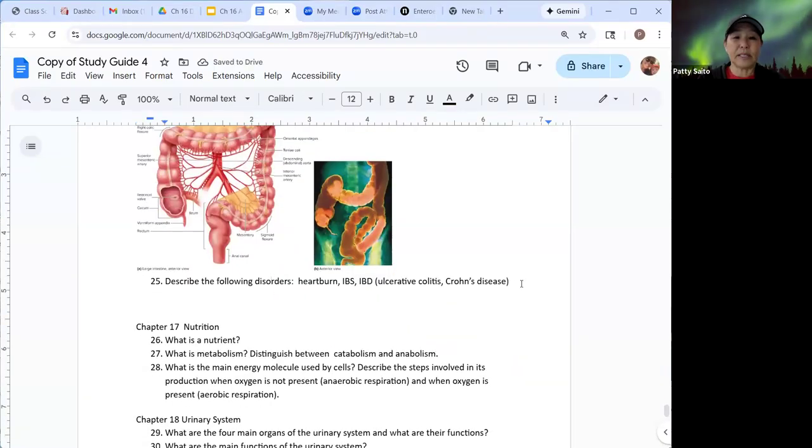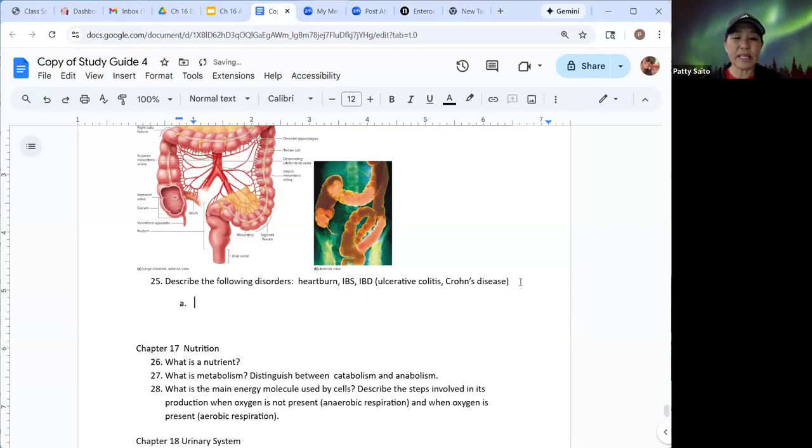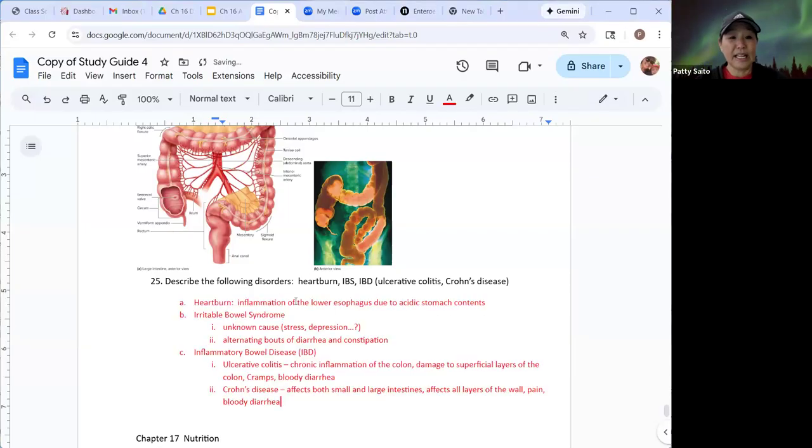And let's end with some disorders. I've already mentioned peptic ulcers, right? So you should include that in your disorders. But let's talk about some of these other things. The first one is heartburn. Is it really your heart that's burning?